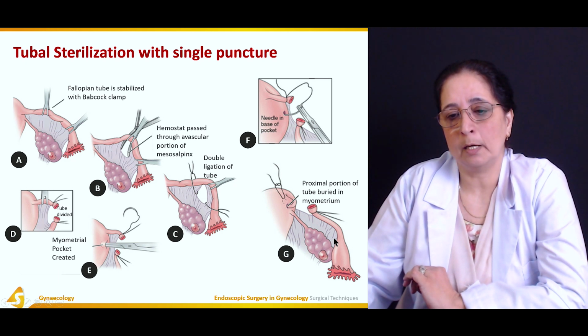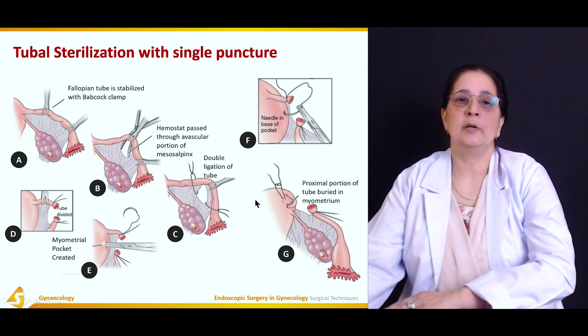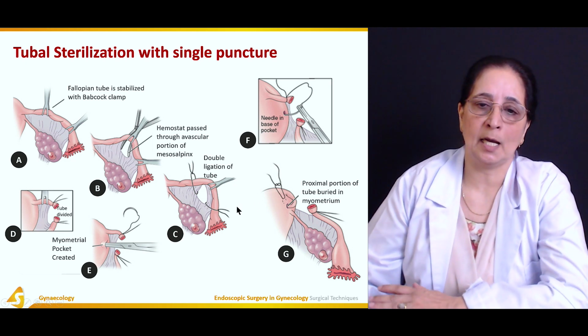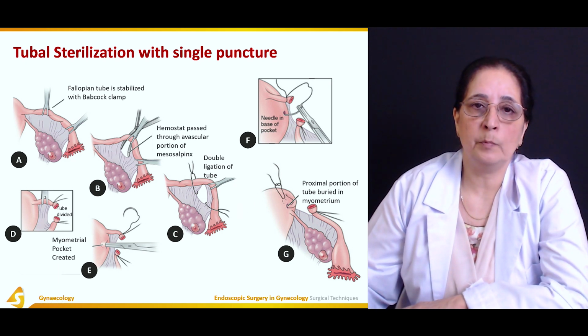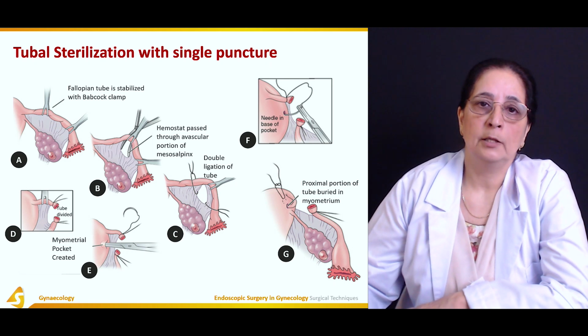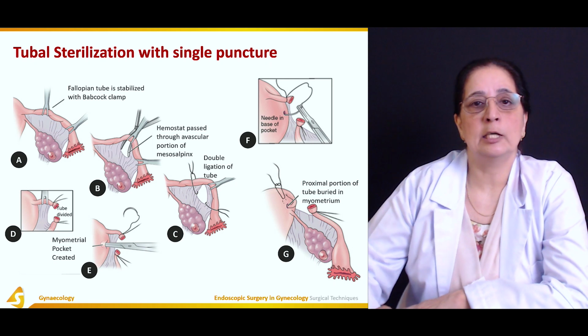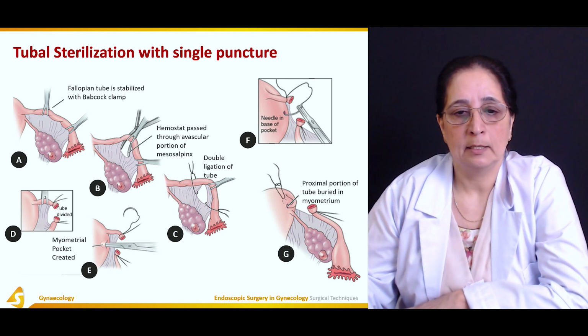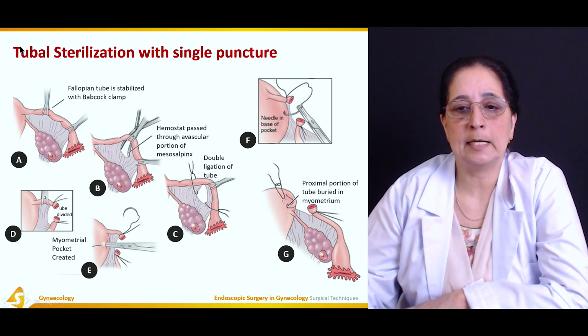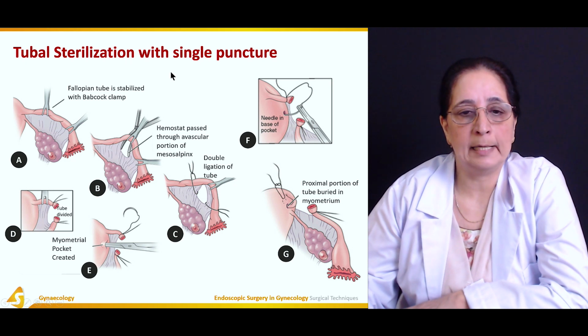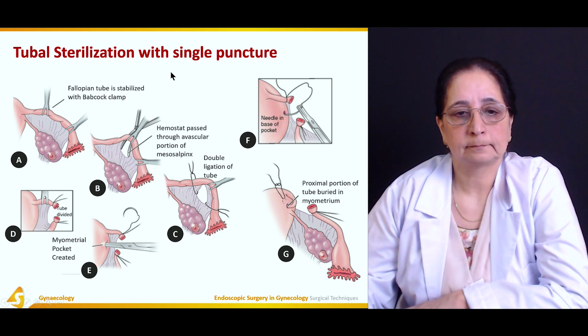And this is one portion left. So if there is no fallopian tube, it's tied and cut. There is no passage of ovum to the uterus, and then no fertilization and no pregnancy. So simple tubal sterilization is performed by the laparoscopy.